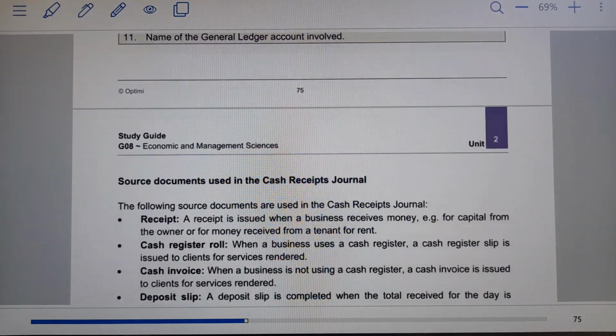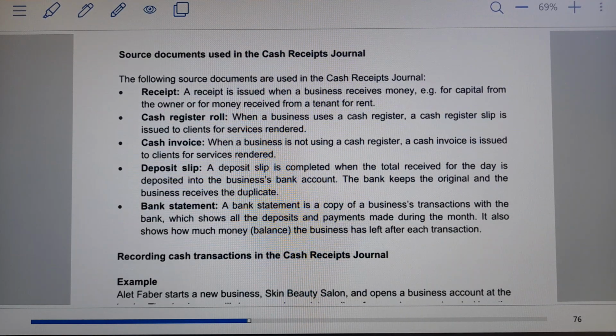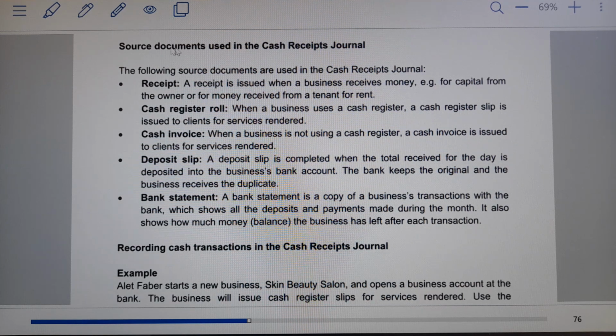Okay, now let's continue. We are going to look at the source documents used in the cash receipt journal. Although we've touched on them, the following source documents are used in the cash receipt journal. A receipt is issued when a business receives money, for example, capital from the owner, or money received from a tenant for rent, or also services rendered.